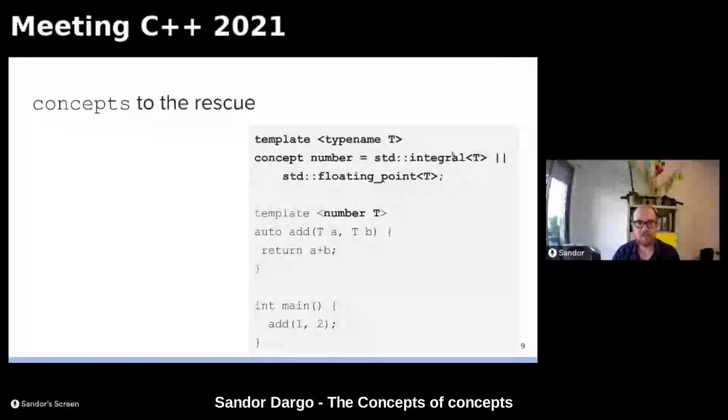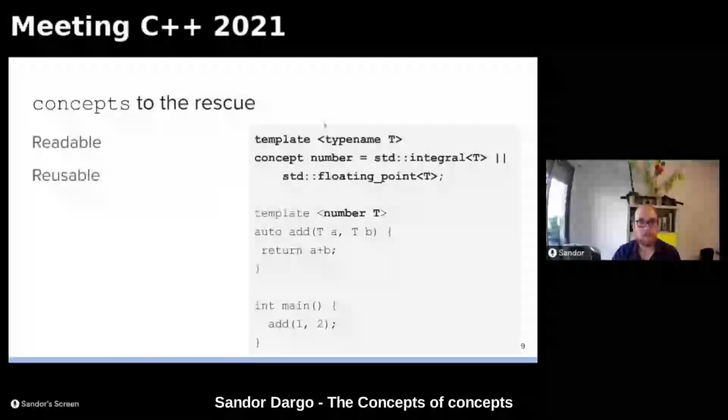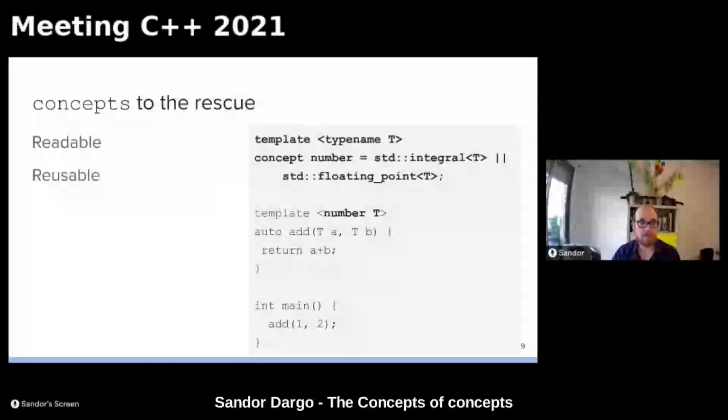So you define this concept, and you can put this concept in the template parameter list instead of the type name. So you can already constrain your accepted types in a very readable way. You see that it's easy to reuse, because you can put the concept number even in a separate header, and then you include it where you need it, and you just say that you need a number in your templates.